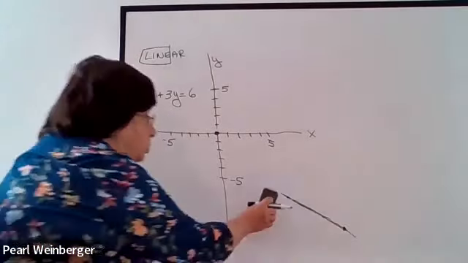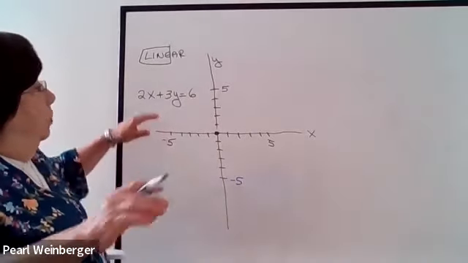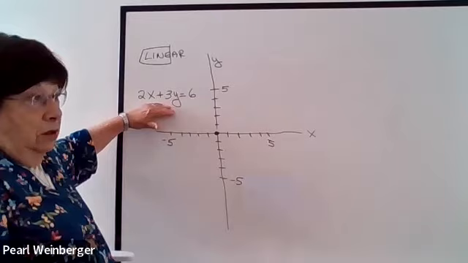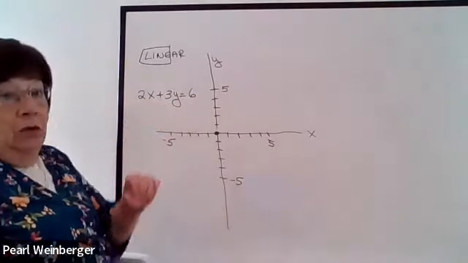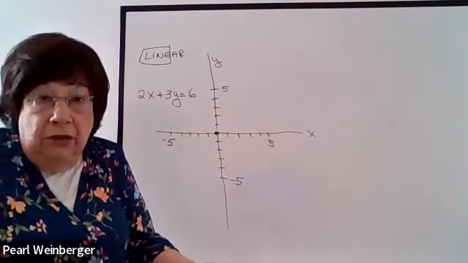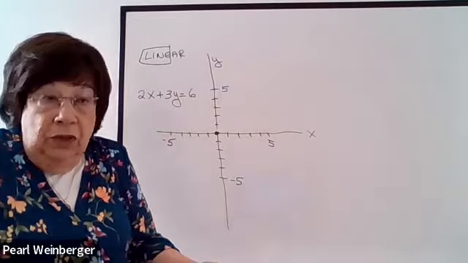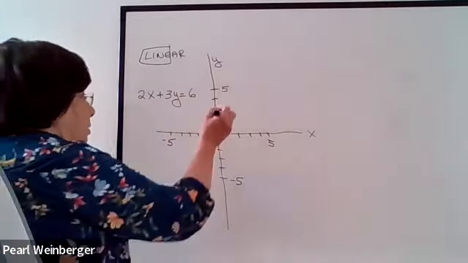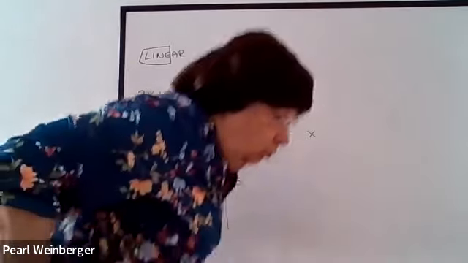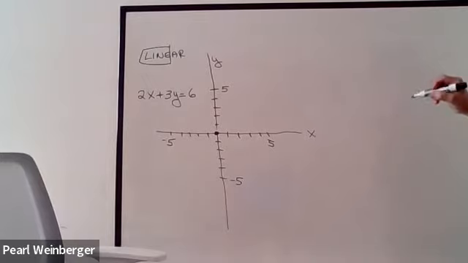So the question is, if I want to find the line that goes with the equation, what we have to do is find some points on the line. There are a couple of different ways we can do that. The first way we're going to do is something called plot points.